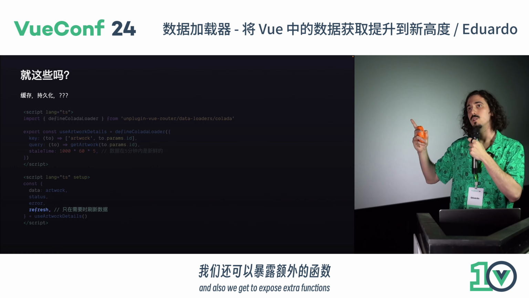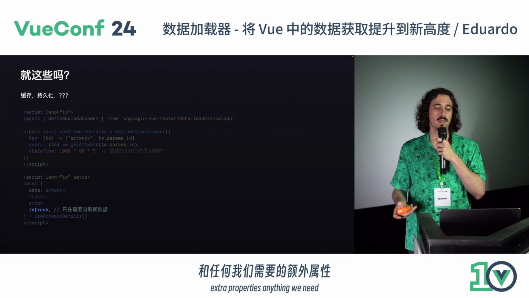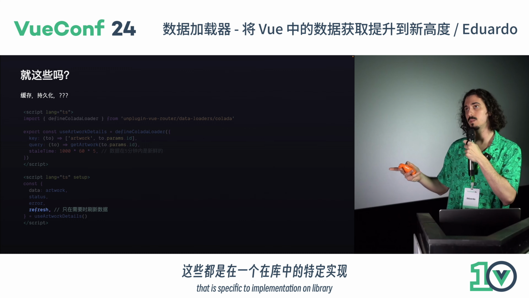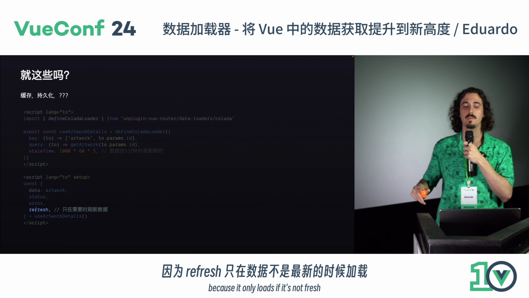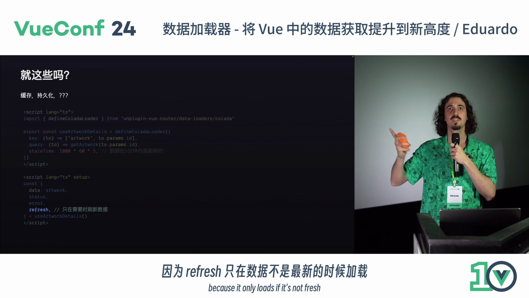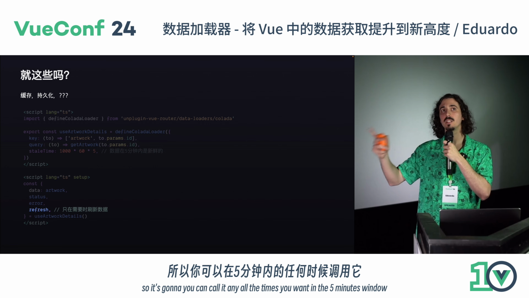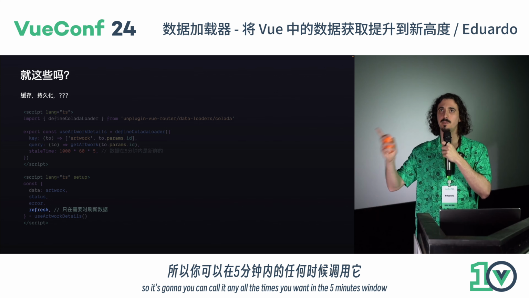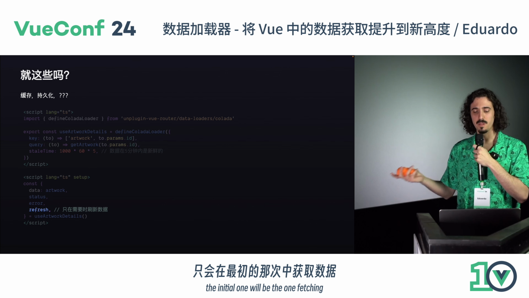And also, we get to expose extra functions, extra properties, anything we need that is specific to the implementation or library. So for example, refresh, in this case, is different from reload because it only loads if it's not fresh. So you can call it all the times you want in the 5 minutes window. It would only fetch once. The initial one will be the one fetching.